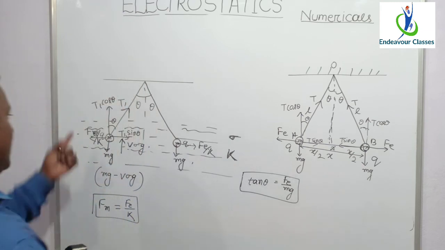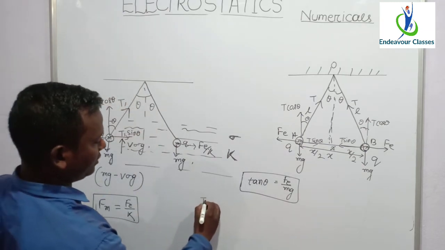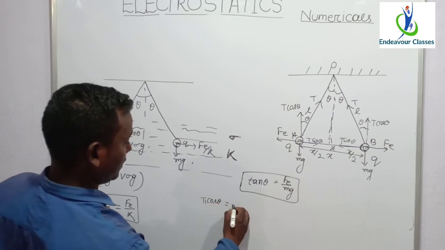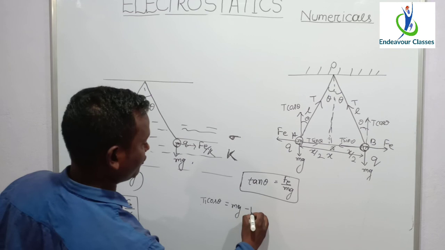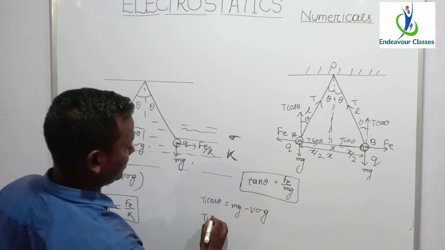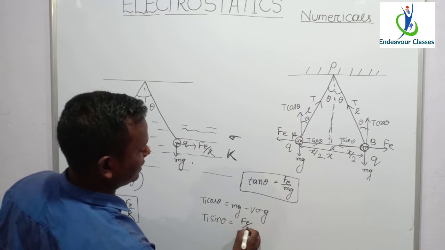But inside the liquid, T1 cos theta is equal to mg minus V sigma g, and T1 sin theta is equal to Fe by k.